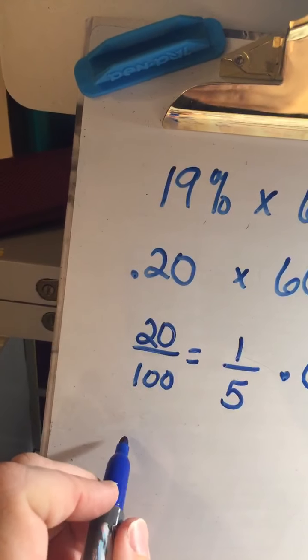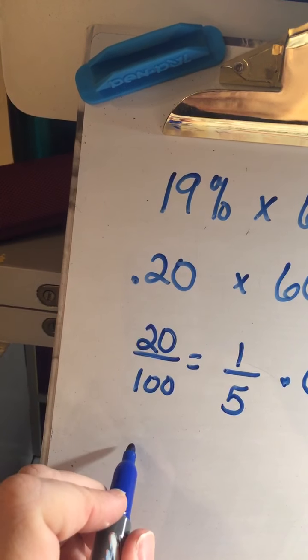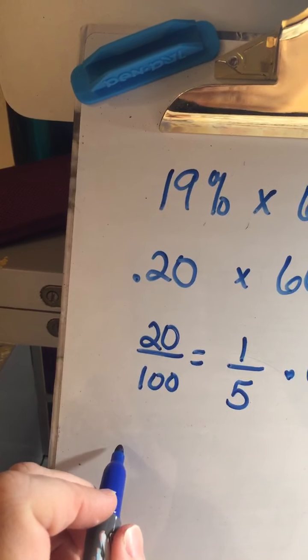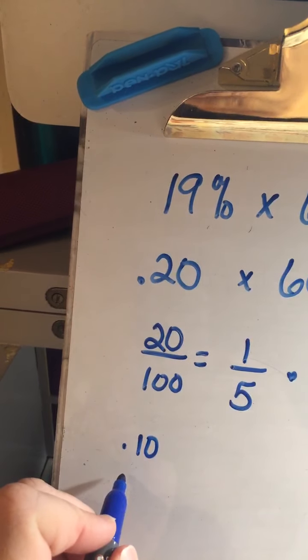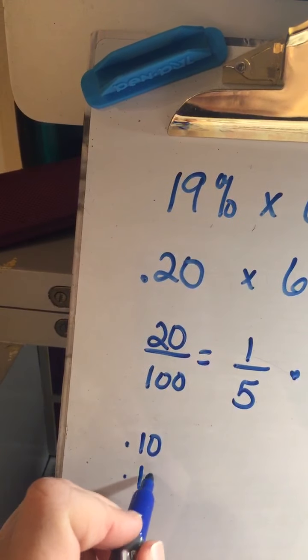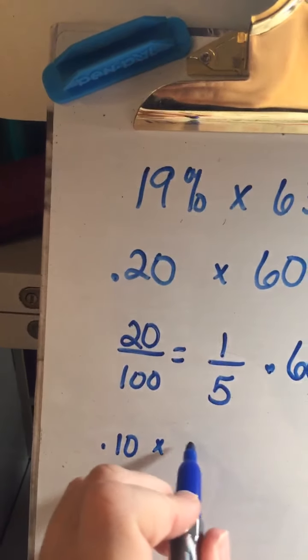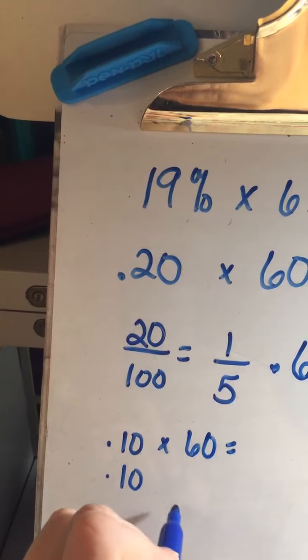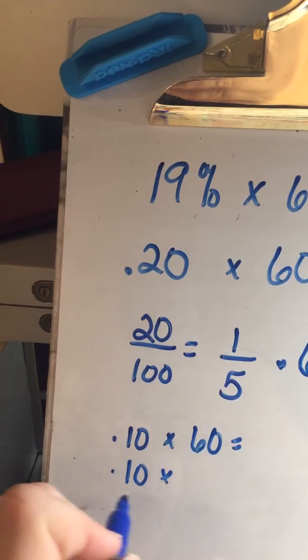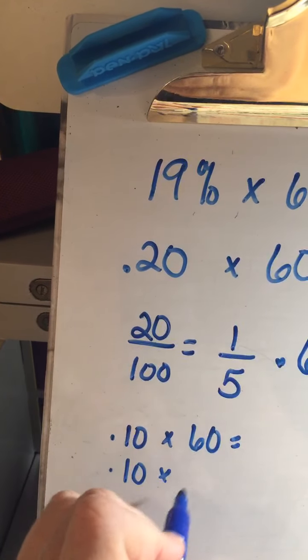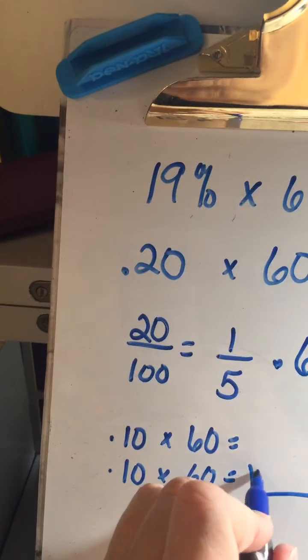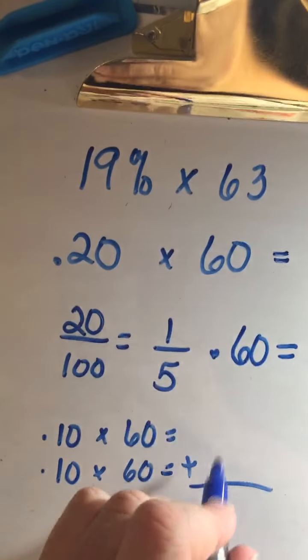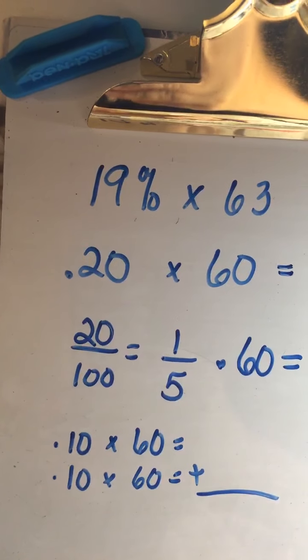Or you can do the mental math, which would be 0.10 times 60 equals something. And then another group of that, 0.10 times 60, and then add those two numbers together. Okay?